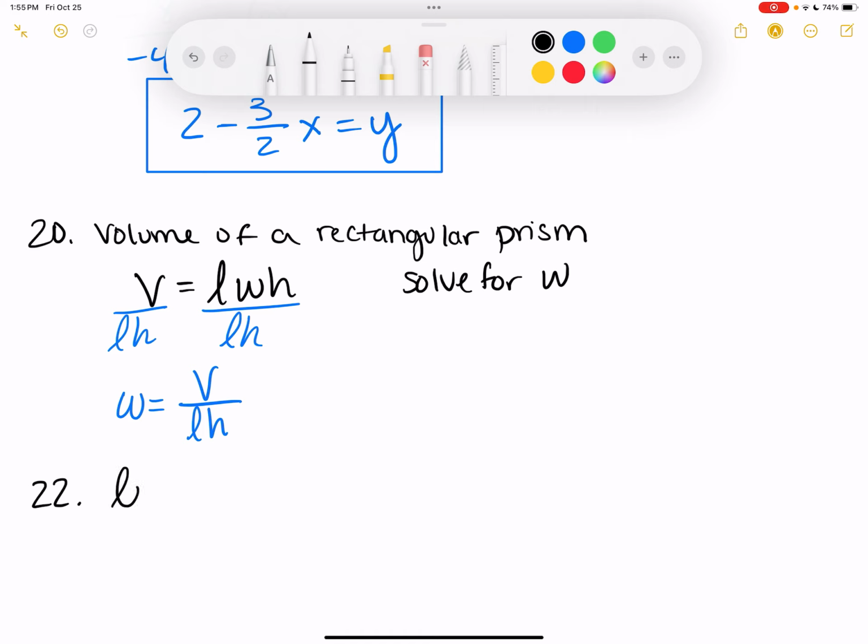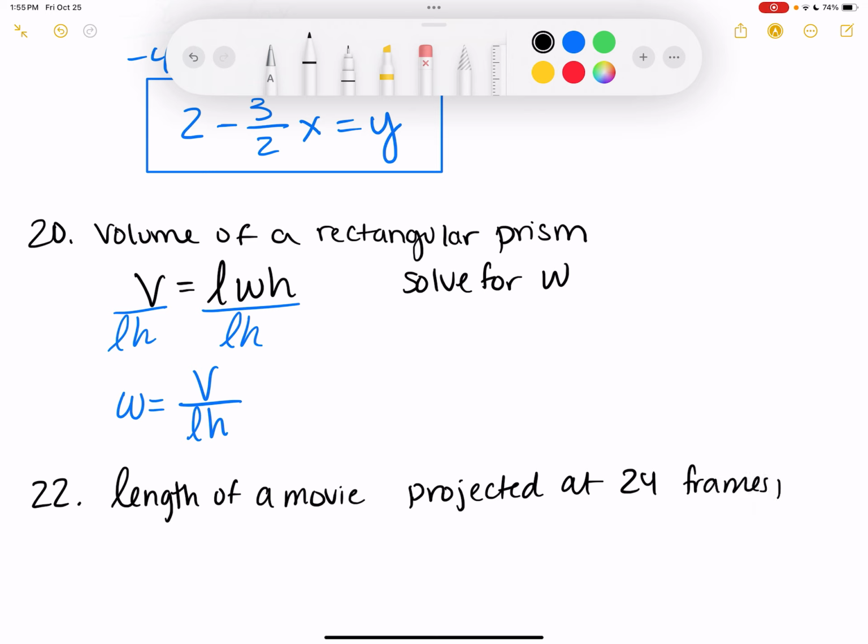22. The length of a movie projected at 24 frames per second. I'm just doing SEC for seconds. And so the equation is L equals 24F.